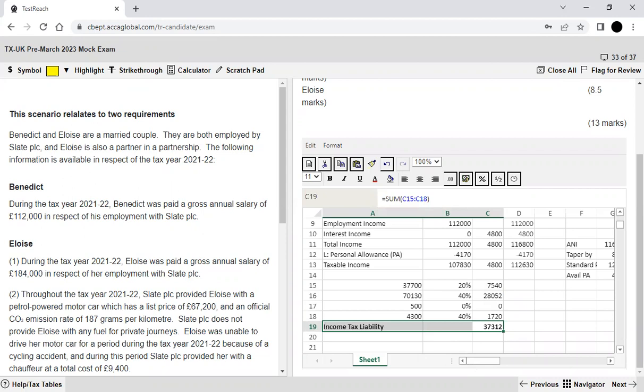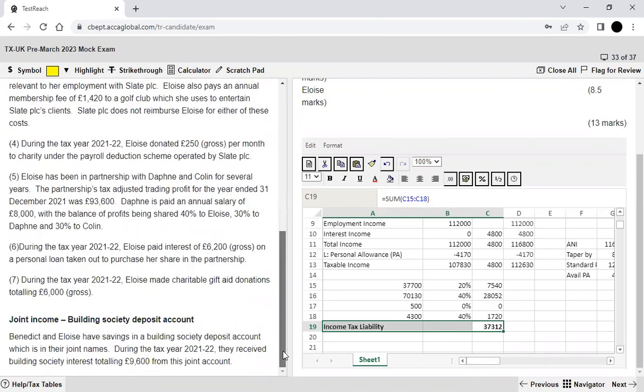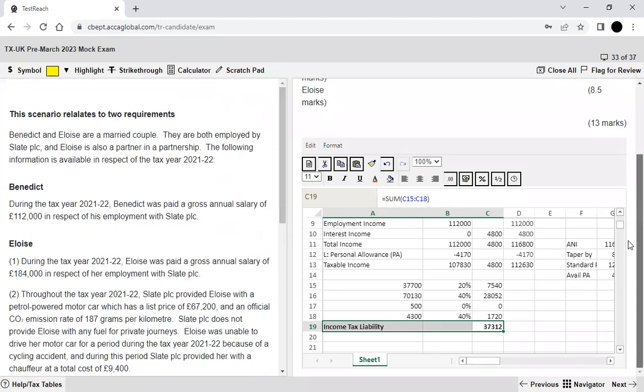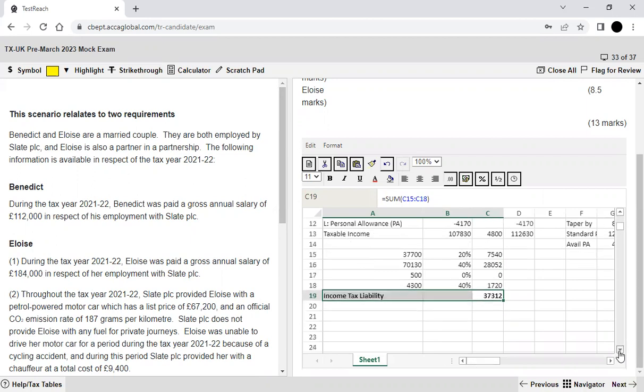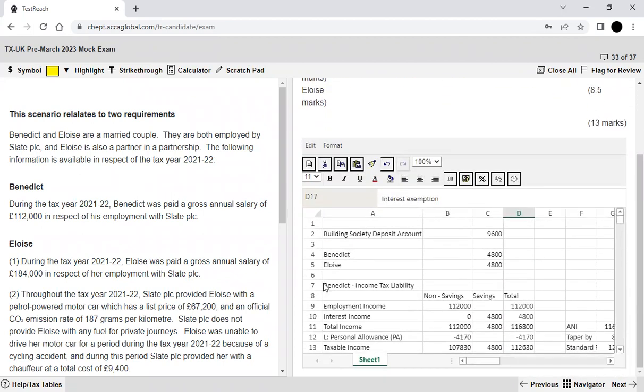Income tax liability amount 37,312. This is Benedict's income tax liability.